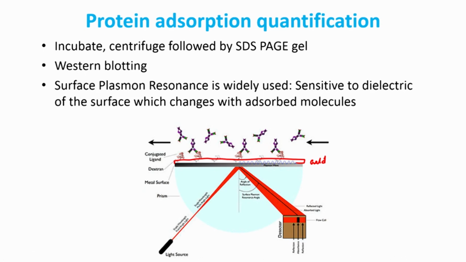Through that, by running some standards of known amounts, you can then quantify whether the protein is first of all adsorbing and interacting with the surface, and then secondly, if it is, what is the amount of protein that comes on the surface, because this dielectric will be directly related with the amount of the protein that has come and adsorbed on the surface. So, that is one way you can study the protein adsorption.